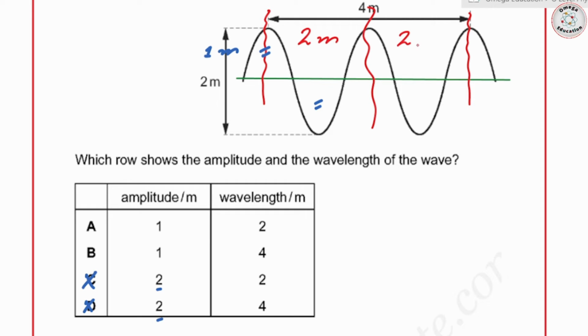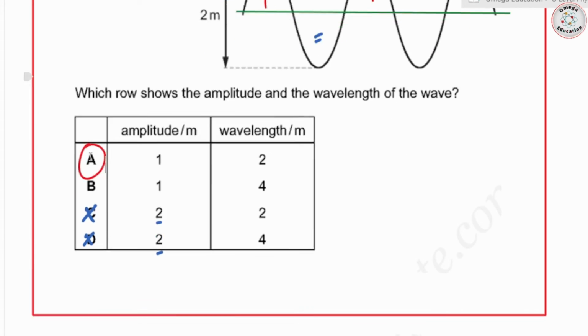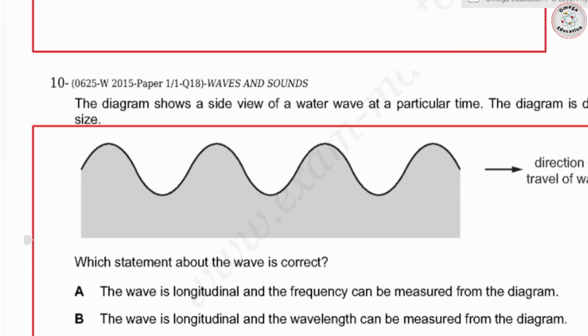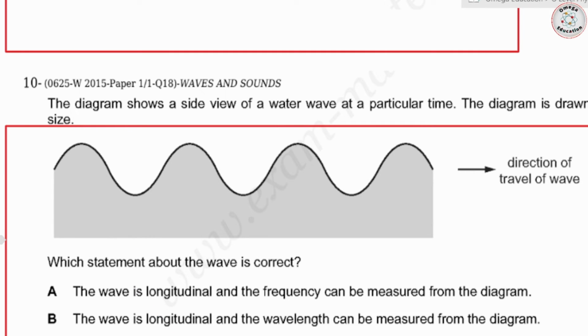So the distance between two consecutive ones would be 2 meters, and then 2 meters from there to the next one. Only then can we have 4 meters from this point to this point. So the distance for two consecutive crests would be 2 meters. So it has to be option A. A is the right answer for this one. Moving on to the next one we have here.